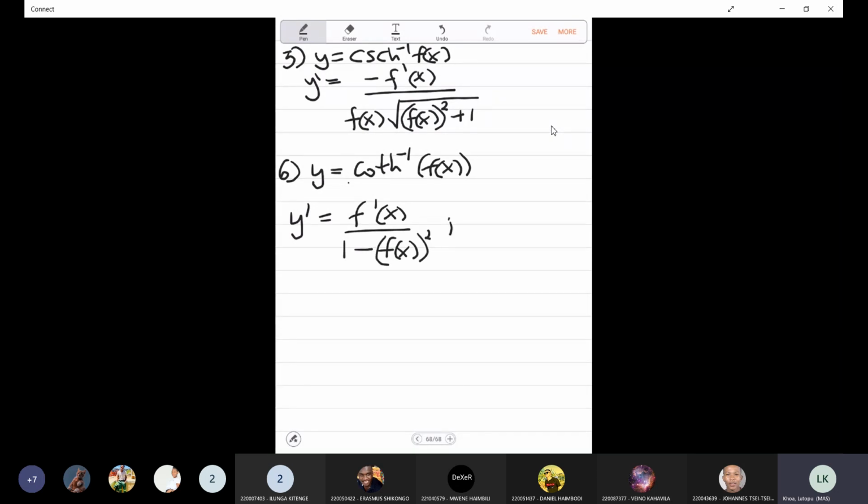And here the condition is that the absolute value of f of x must be greater than 1. So you can see this is similar to the one with tan, except that the condition is different.